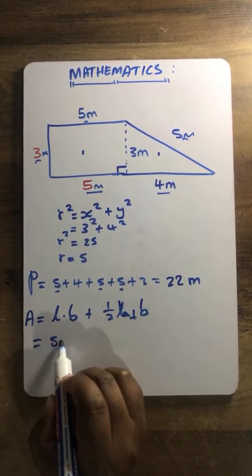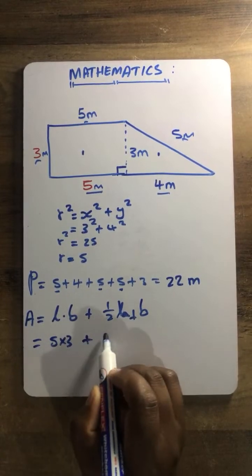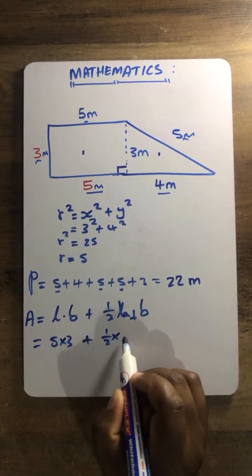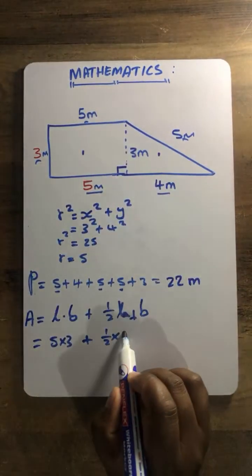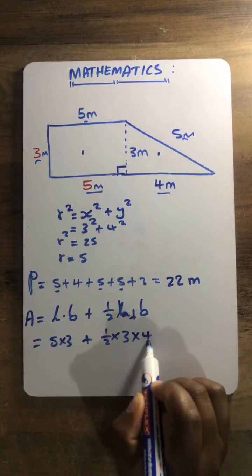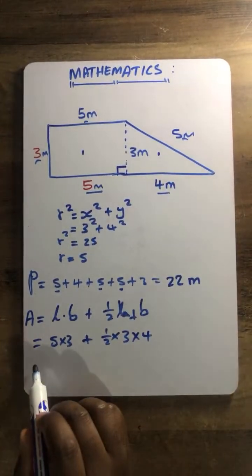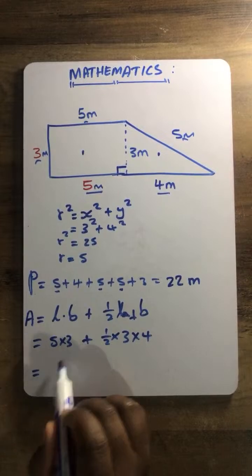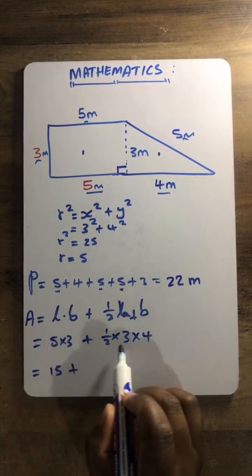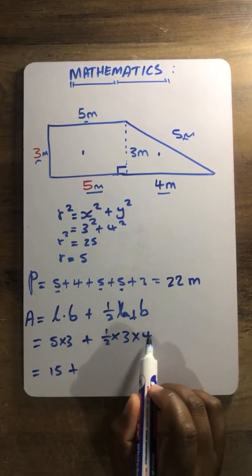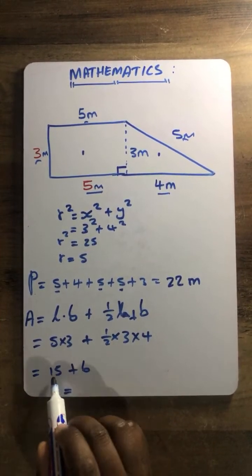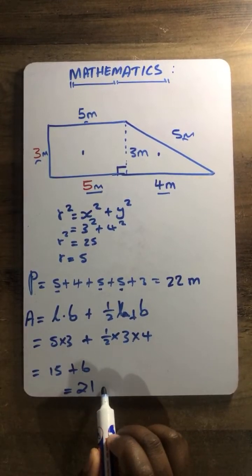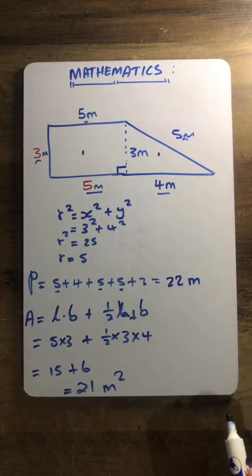So you are having 5 times 3, that you must add to half of that perpendicular height 3 times the breadth being 4. So here you are having 15 plus, half of 4 is 2, 2 times that is 6. And then it means finally your area is 21. Yes, that means it's 21 meter squared.